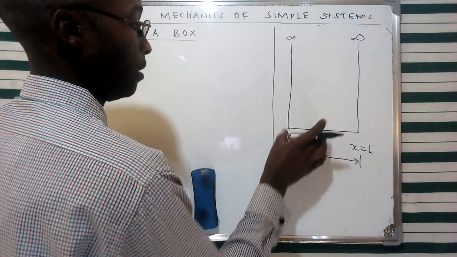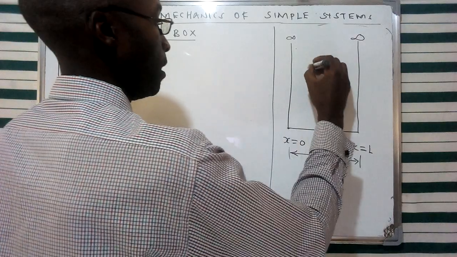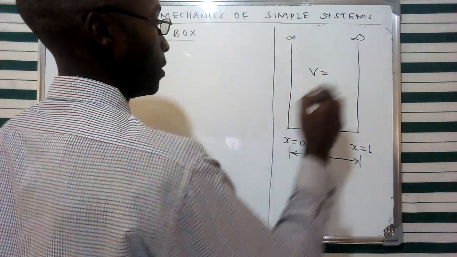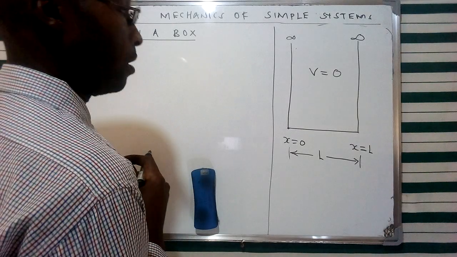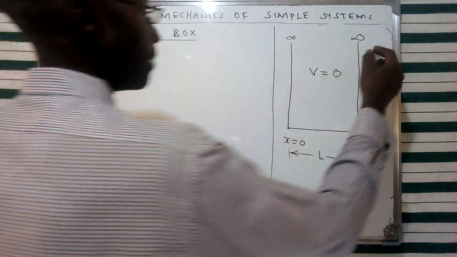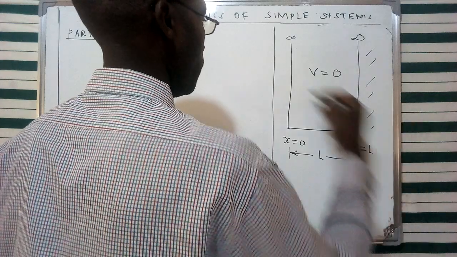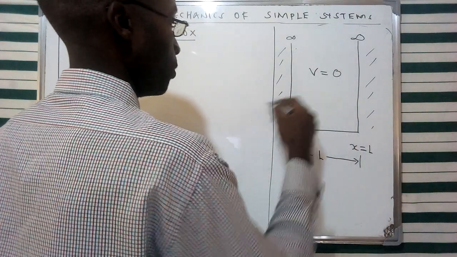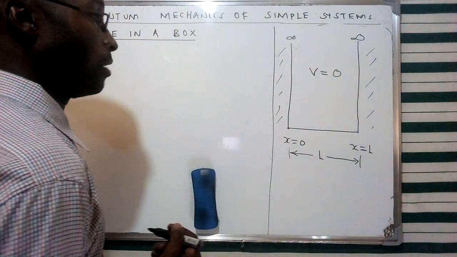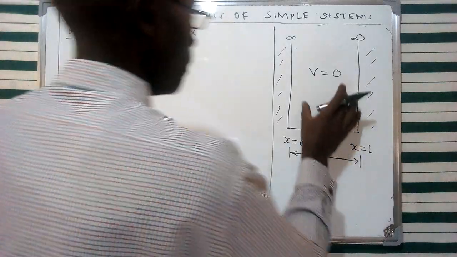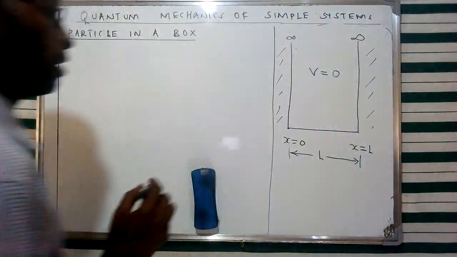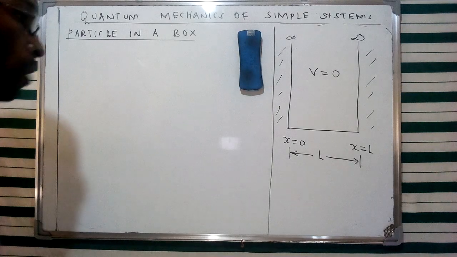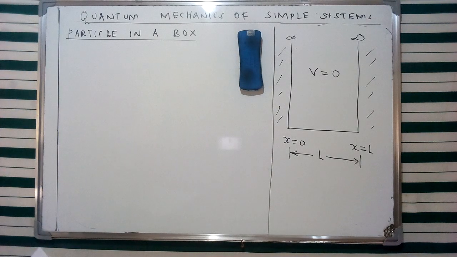The potential inside this box is going to be 0, but the potential outside this box, the region which we are going to refer to as a restricted region, is going to be infinite. So the region inside this box is the region where this particular electron is going to be located.